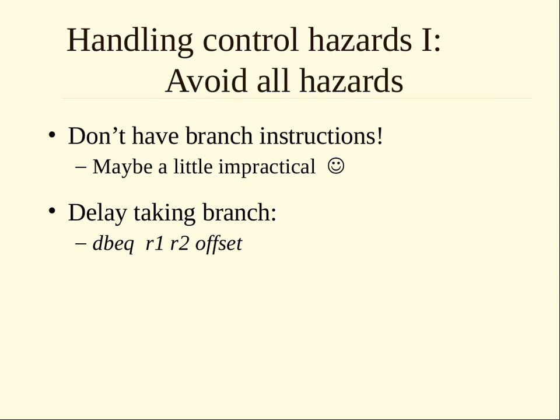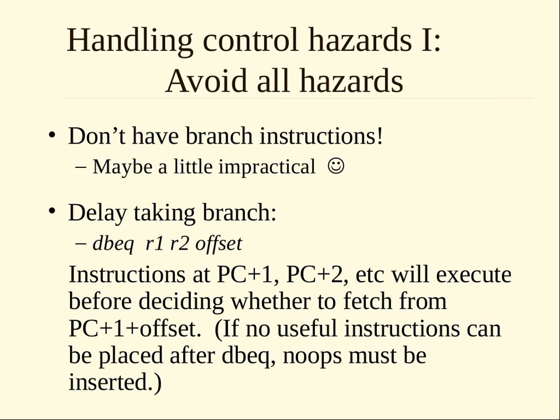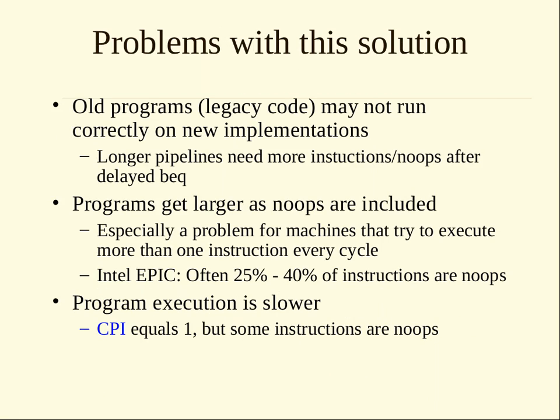Delay taking a branch. They did this for a while. It was a terrible idea. With a delayed branch, the instructions at PC plus 1 and plus 2 will execute before deciding whether to fetch from PC plus 1 plus offset. If nothing useful can be done, then you just put in no-ops. What's the problem?